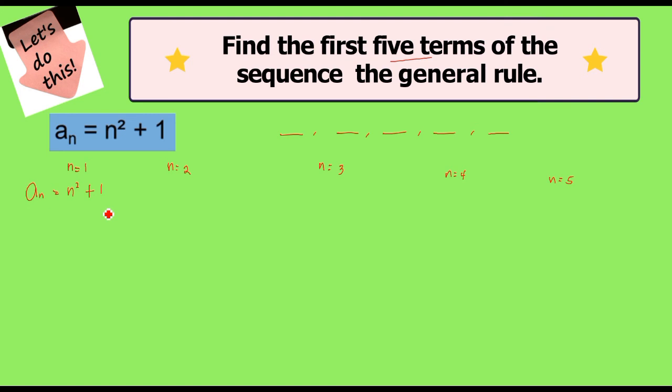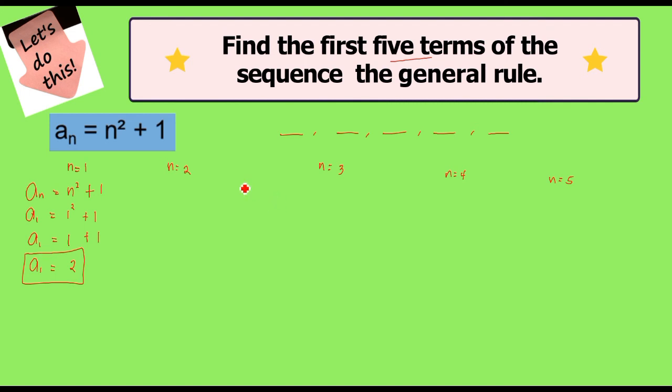Okay? Nakadepende po yun kay general rule. So, papalitan na natin yung n natin, a sub 1 equals, ang n natin ay 1 squared plus 1. Ibig sabihin, ang 1 squared ay 1 times 1. And 1 times 1 is 1 plus 1. So, therefore, a sub 1 equals 2.